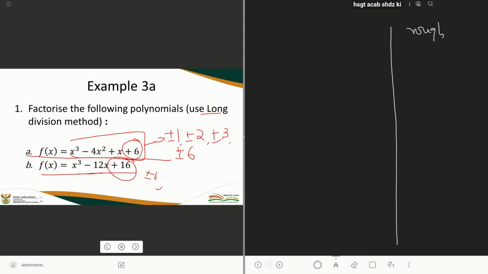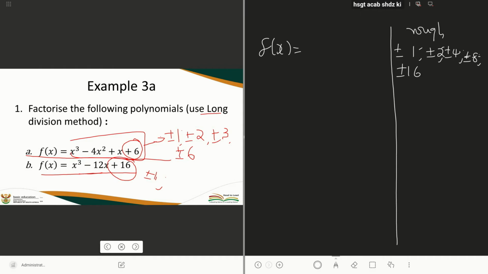Let me write them here. Possible factors of 16. We have plus or minus 1, plus minus 2, plus minus 4, up to plus minus 8. You can also write plus minus 16.